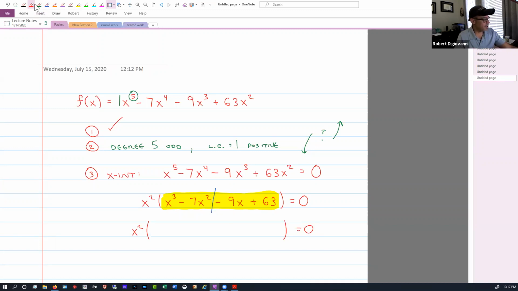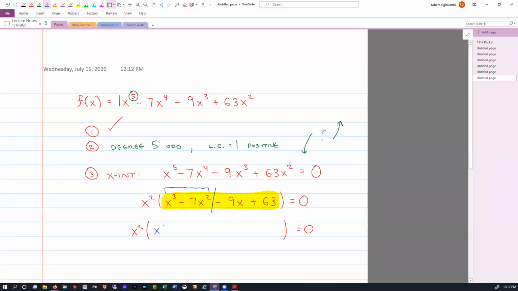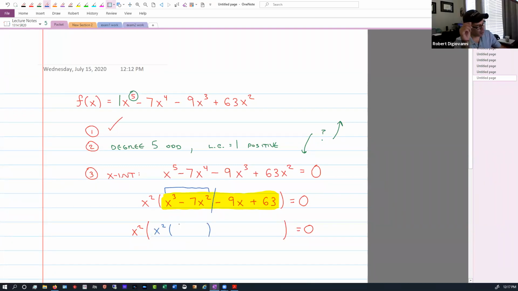Now on the first two here, what do those two have in common that I can pull out? Don't they both have an x squared? Yeah. Okay, so I can pull an x squared out, and if I do that, just from the first 2 terms, I should be left with an x minus 7. Now, if you remember how grouping works, on the second 2 terms, these 2 in black here, I need to be able to pull something out that would leave me with an x minus 7.